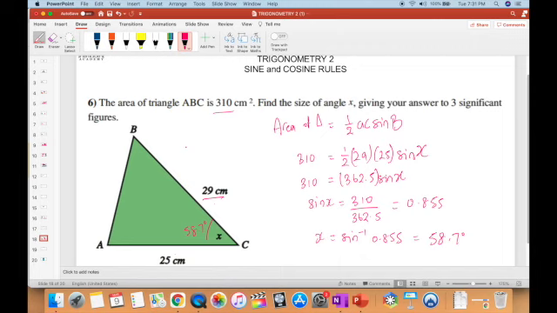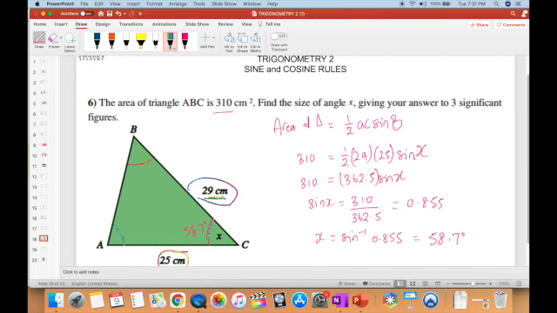This is Form 5 stuff, but it's really just a simple formula, and it's about knowing what to look for if you have the formula, right? So just to recap, let me start with the cosine rule. The cosine rule, you're looking for two sides and the included angle. That's a hint. For the area, you're looking for two sides and the included angle. But for the sine rule, what you're looking for is a pair of side and its corresponding angle.